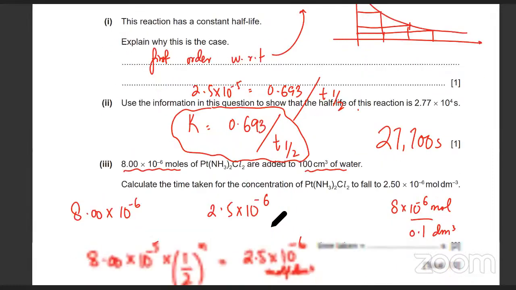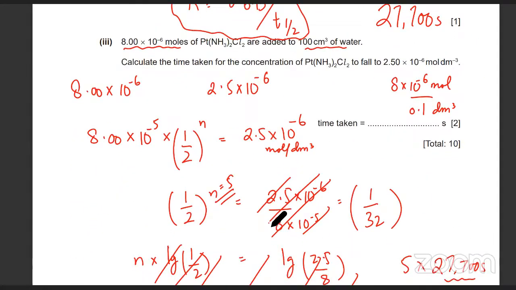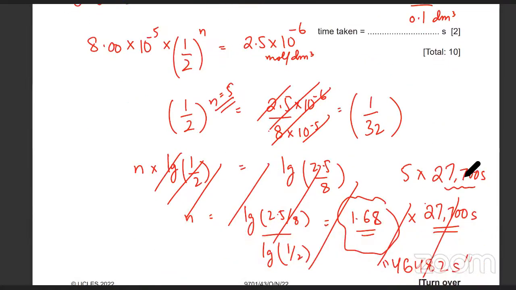And this formula also works only for first order, because otherwise 27,700 keeps changing. In a second order reaction, the half-life doubles. The second half-life is double the first one. The third half-life is 4 times the previous one. The half-life keeps changing, so this is not fixed in second and 0 order reactions. So only for first order.